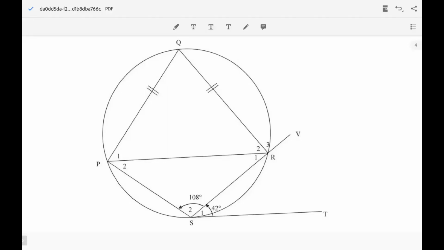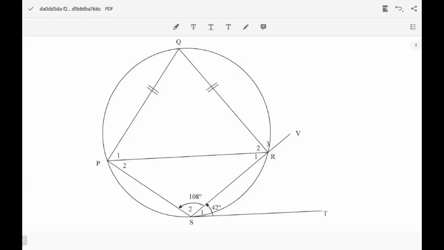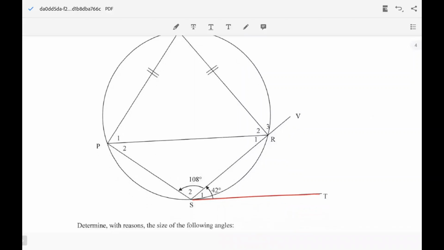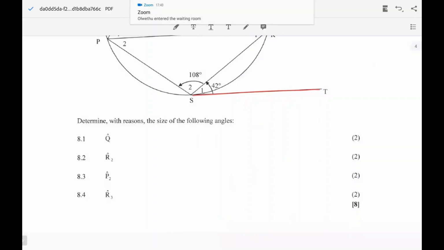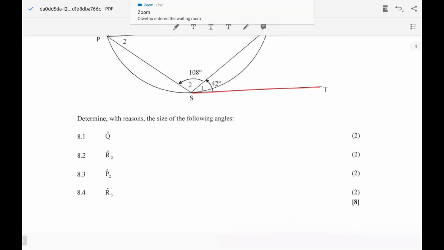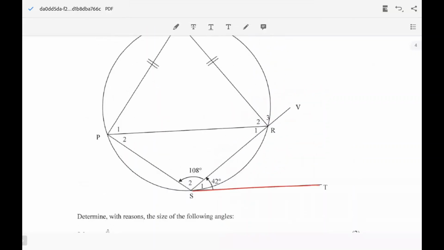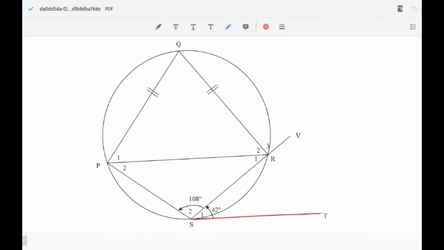We have a tangent, which is ST. So that tangent ST must give us the tan chord theorem. We have a cyclic quadrilateral PQRS, so it must give us the exterior angles and the opposite angles of a quadrilateral. So what do they need? The size of angle Q. So where is Q? Q is actually opposite S2.